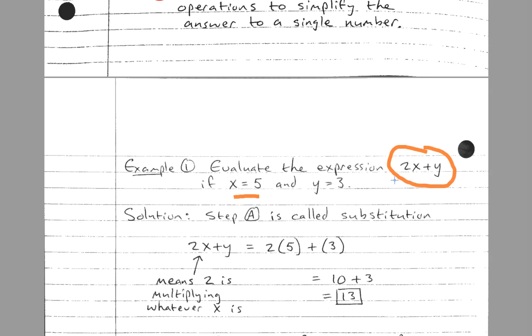X equals 5, so we're going to replace this with a 5. Y equals 3. This is going to turn into a 3. All right, so here's the first step, substituting. So I replace x with a 5 in parentheses, and y becomes this 3.